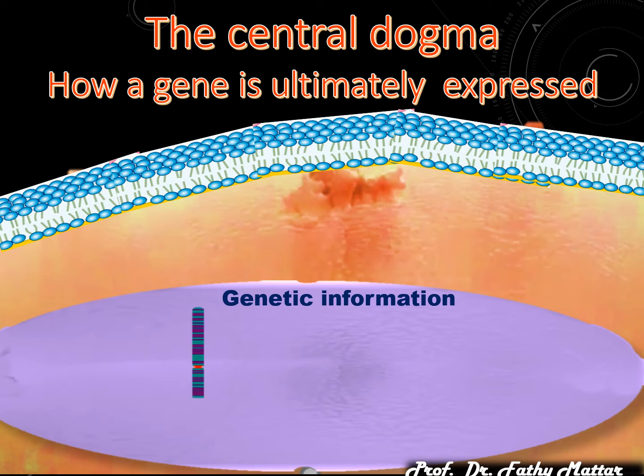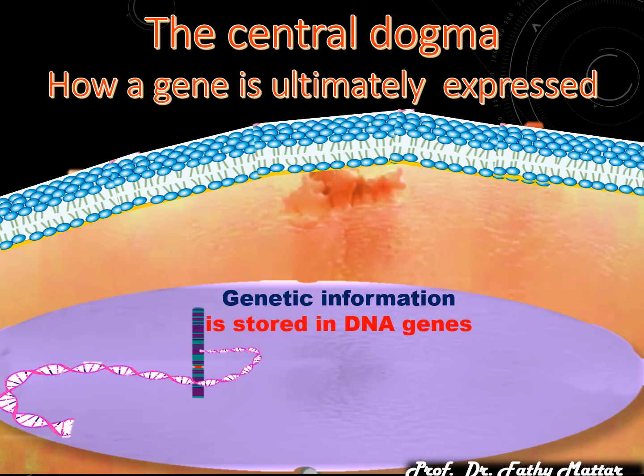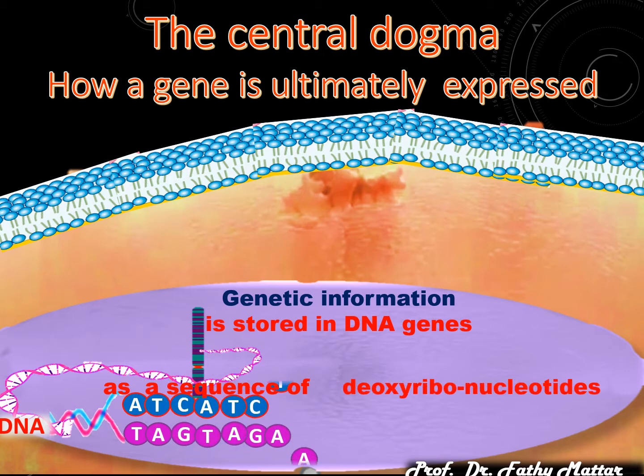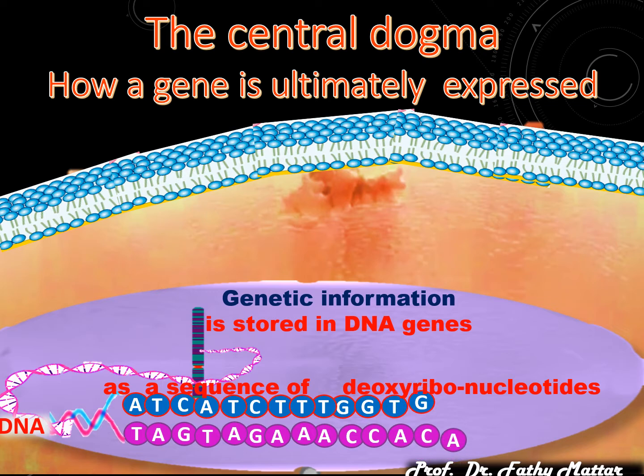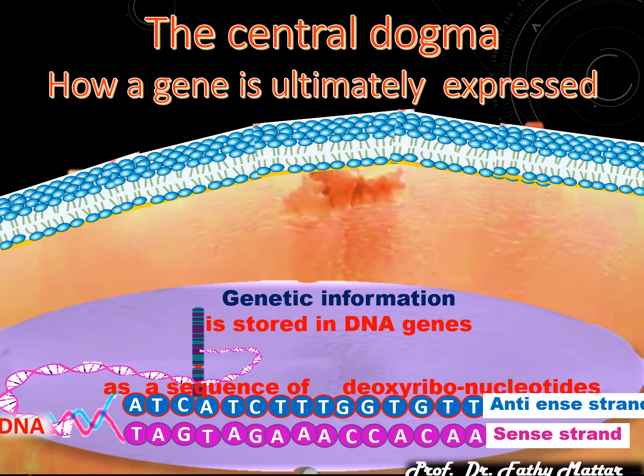Genetic information is stored in DNA genes in the genome and chromosome as a sequence of deoxyribonucleotides, A, T, C, G, and so on, and the DNA is formed of two complementary strands, the anti-sense strand and the sense strand, and they are complementary so that A is complementary with T and T with A, C with G, and so on.